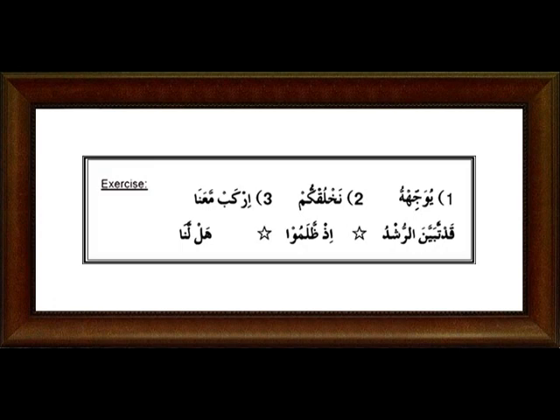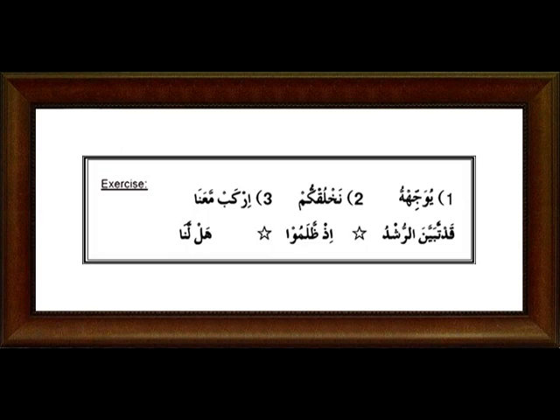In the next example, we have a dal which is followed by a dha. These two letters are very similar in pronunciation, so we see that the zal is sakin, which has a sukoon on it, and following it the dha is mushaddad.